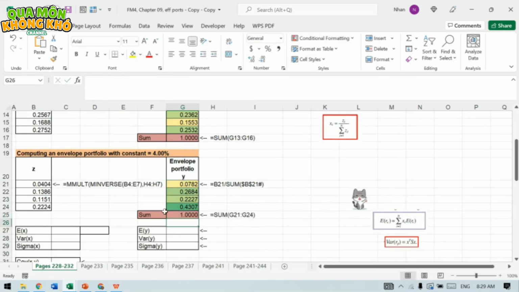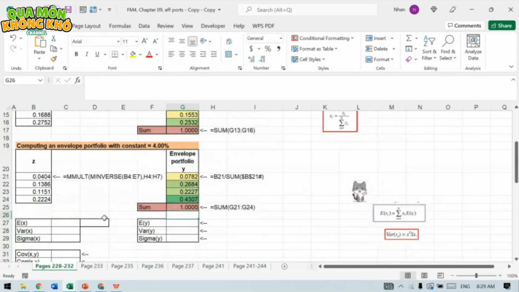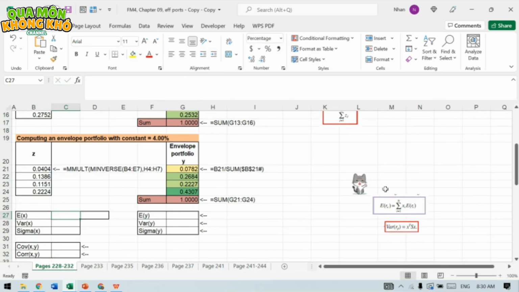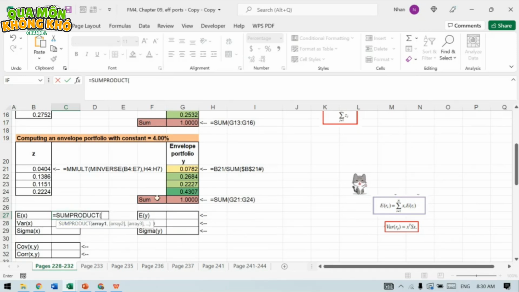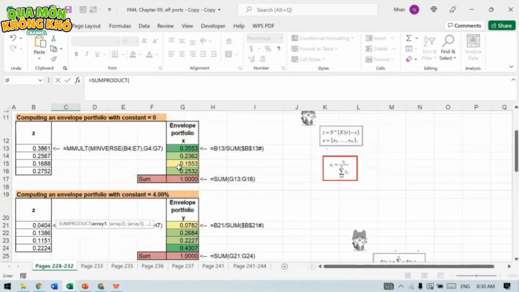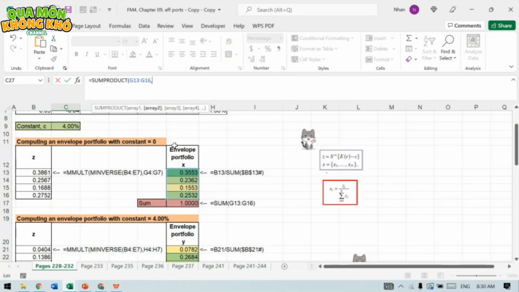So after I have the two envelope portfolios, I will find the expected return, variance and standard deviation of each portfolio. You can see the expected return has the formula here. For the expected return, I will use the SUMPRODUCT function to calculate it, with the envelope portfolio and then the expected return here.